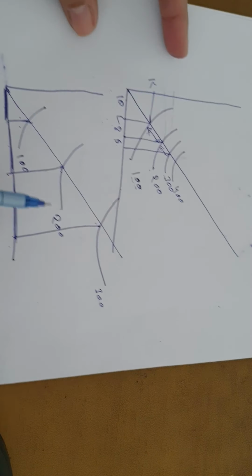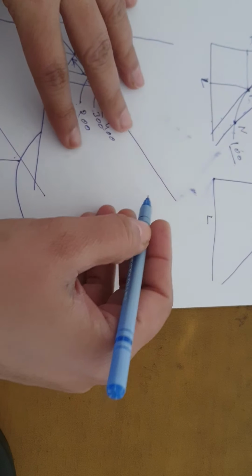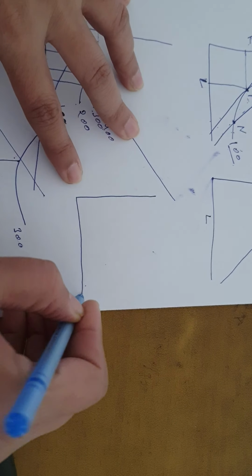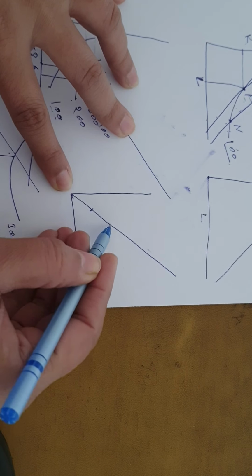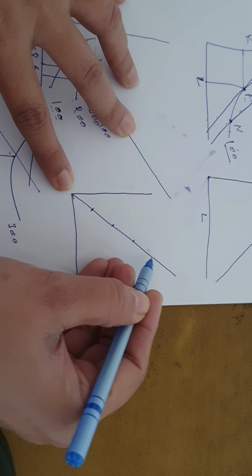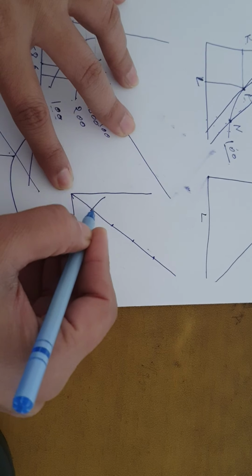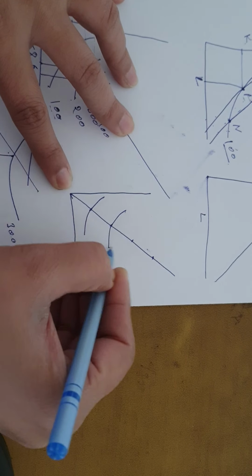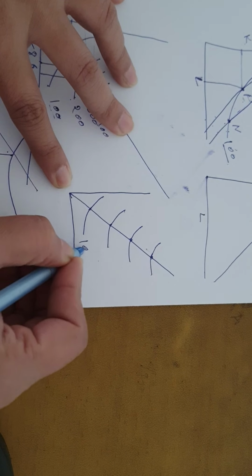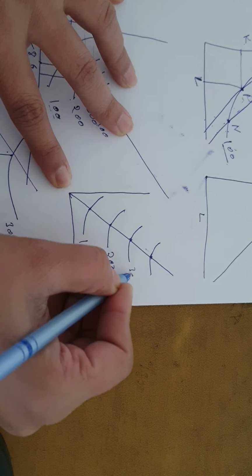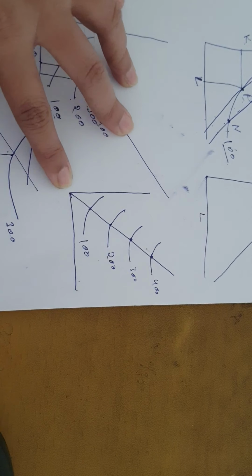To show constant returns to scale, we will draw this diagram in such a way that all the isoquants are at equal distance. 100 units, 200, 300 and 400.